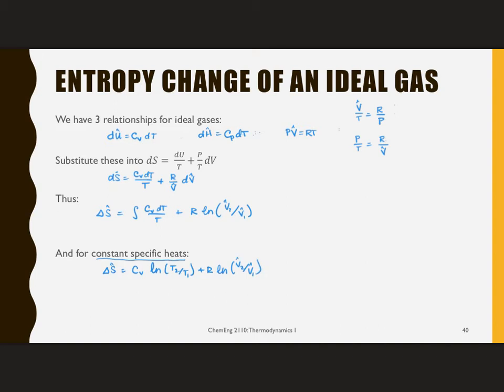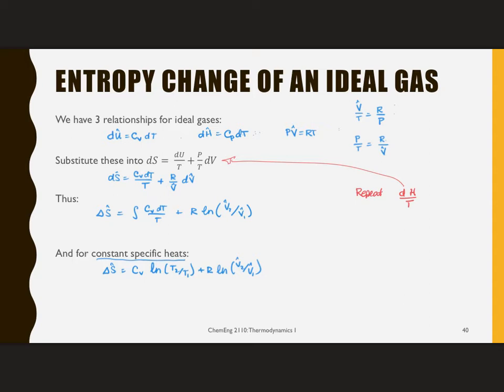Now I would like you to, on your own, repeat this using the dH over T version of dS. Okay, so start here with the one that has dH over T and repeat that.